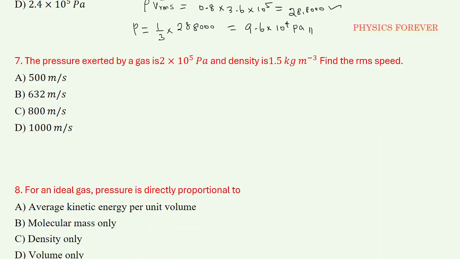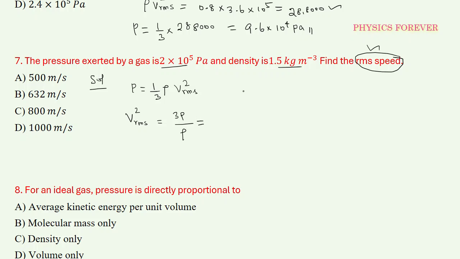The next question: given the pressure exerted by a gas and its density, find the RMS speed. We know P equals 1 by 3 rho times the root mean square velocity squared. Here the question asks us to find the RMS value, so we rearrange this equation to get 3P by rho.